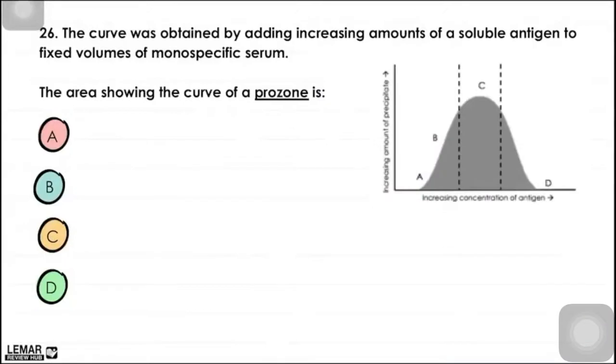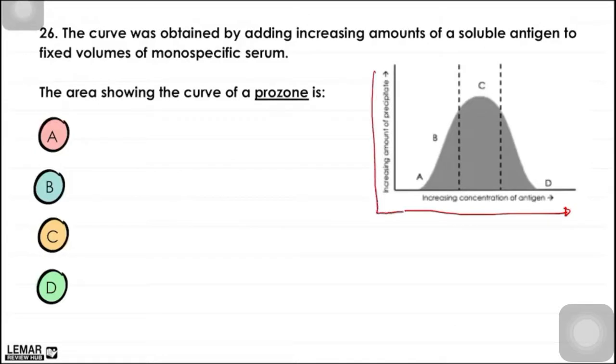Number 26. The curve was obtained by adding increasing amounts of soluble antigen to fixed volumes of monospecific serum. On the x-axis of our graph, this shows the increasing concentration of antigen.